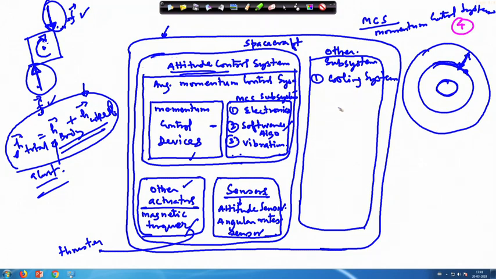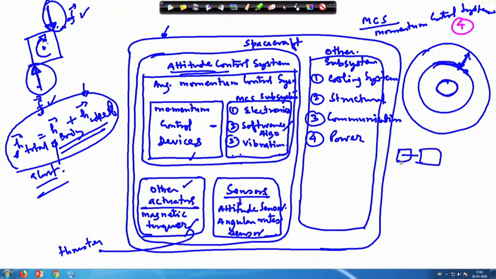So, the subsystems: then the structural subsystem, many associated things can be there. Okay. Then the communication, you need to communicate with the ground. Then your power system, you need onboard power. On the satellite, if this is your satellite, you will put solar panels on both sides, or other designs can be there.